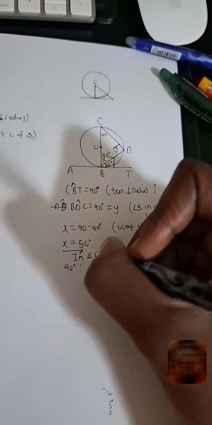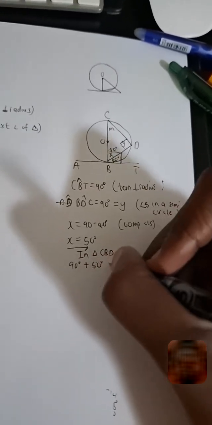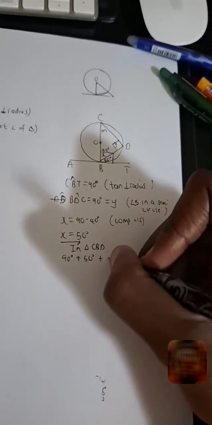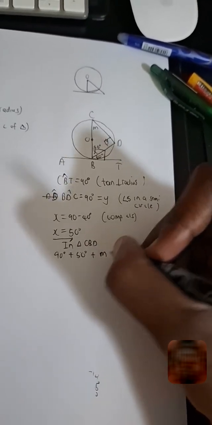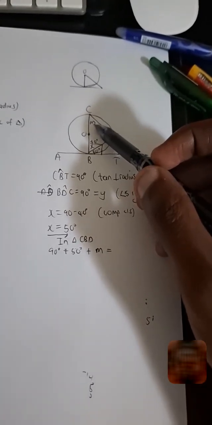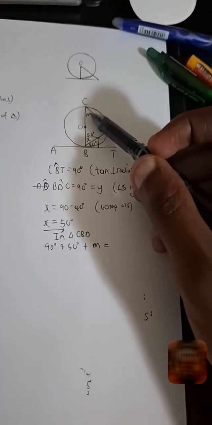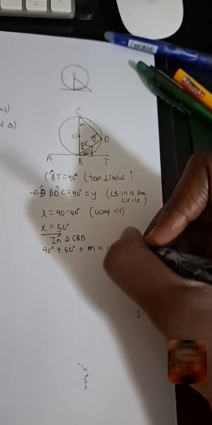You're looking at triangle CBD. 90 plus 50 plus m, the letter we want, equals 180 degrees.